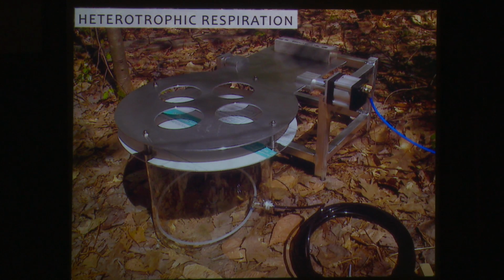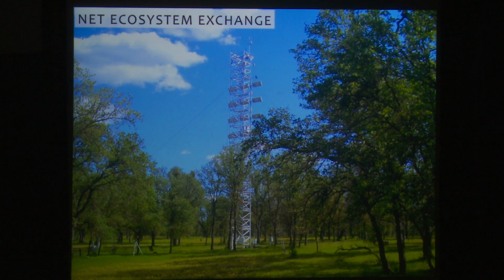Getting that right also is important for understanding the net ecosystem exchange of carbon dioxide, which Leslie showed for one of these flux towers: getting how much is coming in through photosynthesis, your GPP, and how much is going back out through that autotrophic respiration of the plants burning their own carbon, and the heterotrophic respiration of the bugs eating the dead material.